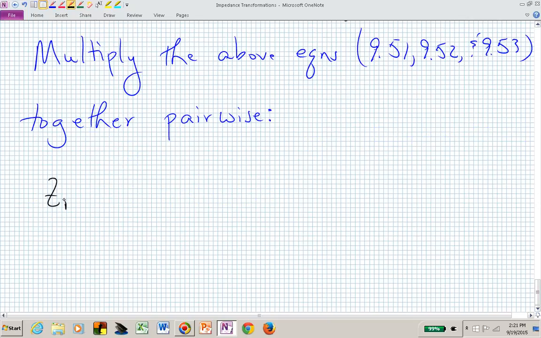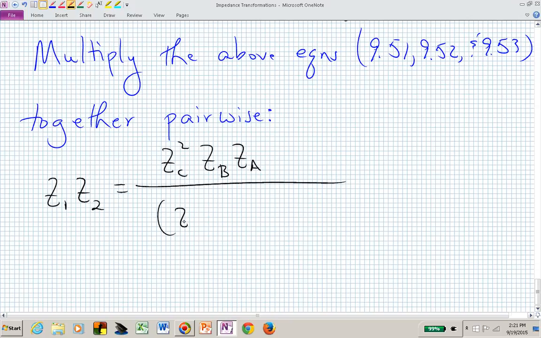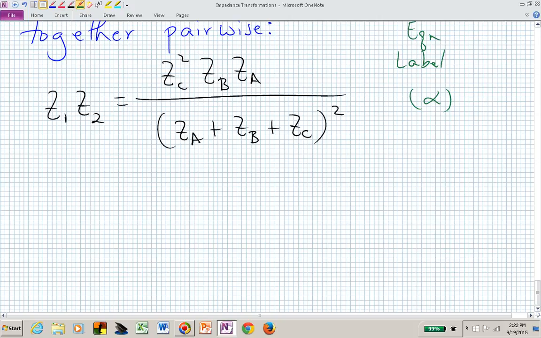So if we pairwise product the expression for Z1 and Z2, we end up with Z sub C squared times Z sub B, Z sub A, and the denominators each had this sum of impedances, and since they each did, then that becomes squared. Now I'm going to need these formulas in a bit, so I'm going to label them. I'm going to label that equation alpha. Then I will create the next equation, beta, by taking the pairwise product of Z sub 2 and Z sub 3.